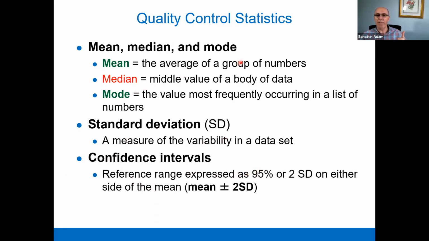Mean is the average of a group of numbers, median is the middle value of a body of data, and mode is the value most frequently occurring in a list of numbers. Standard deviation is a measure of the variability in a data set, and confidence interval is a reference range expressed as 95% or two standard deviations on either side of the mean.